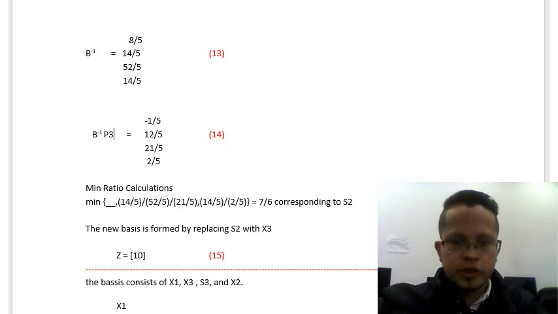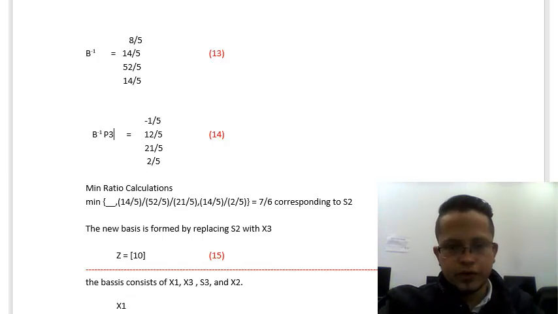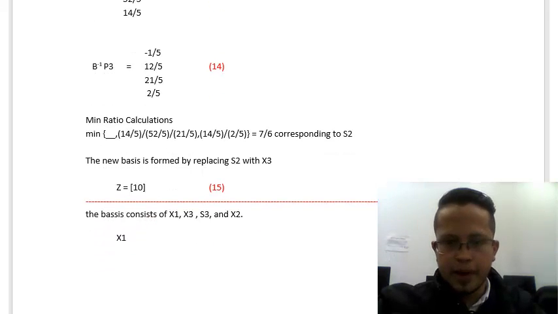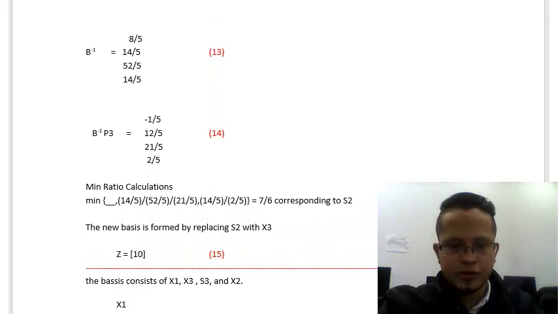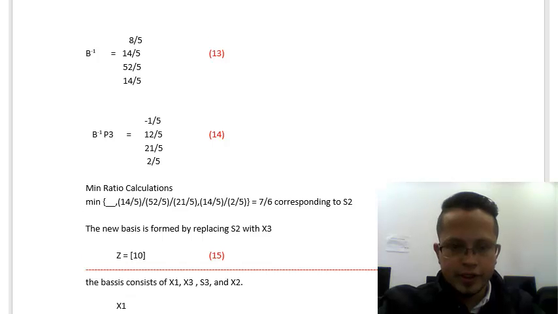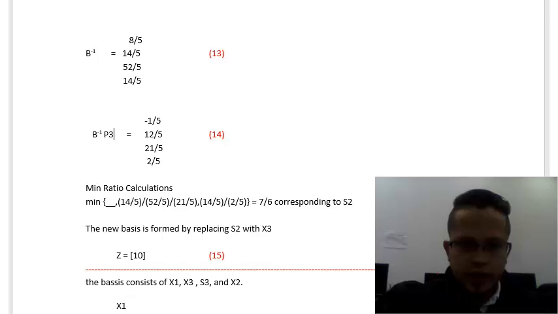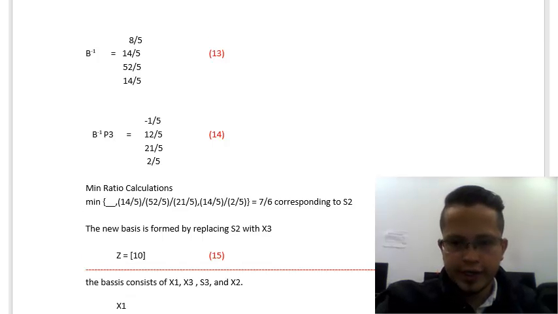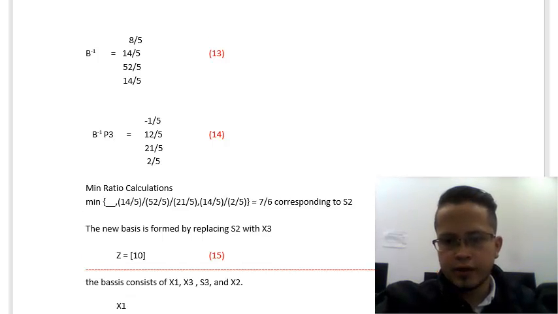I will calculate ratios for these corresponding rows. In this case, the min ratio happened to be 7 over 6, which is corresponding to s2. So based on what we have said, x3 is going to enter the basis, replacing s2.